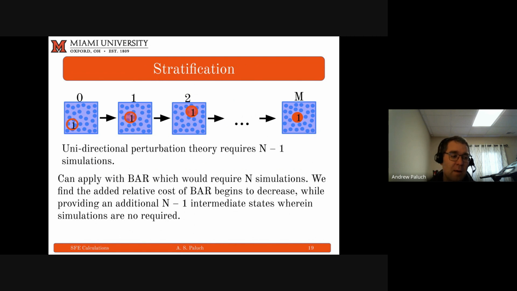The general convention is that it's not desirable to turn on Lennard-Jones and electrostatics at the exact same time.